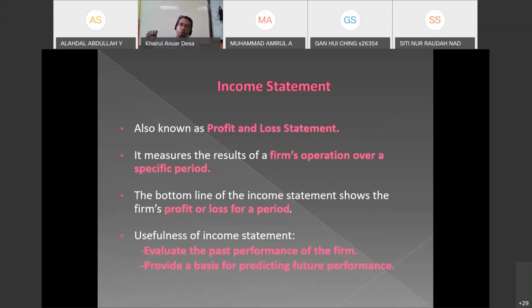Okay. We start with the income statement. Dia macam ni tau. Saya lukis annual report. This is the annual report. Can you see my whiteboard here?